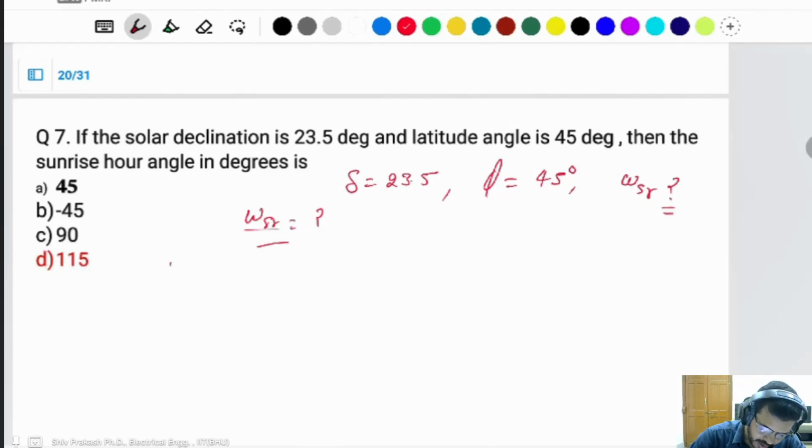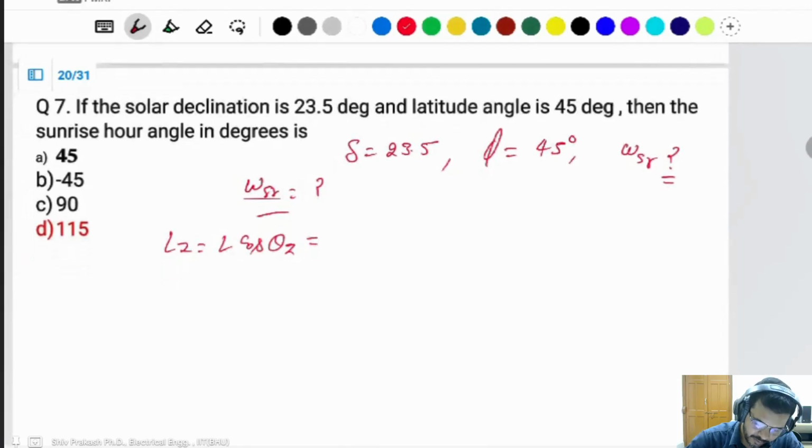You know Lz is equal to L cos of the zenith angle, which is cos del into cos omega into cos phi plus sin del into sin phi.